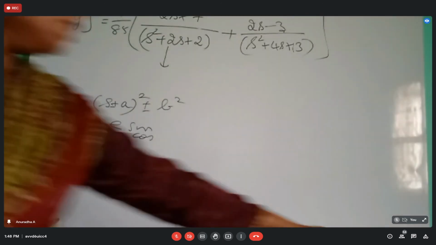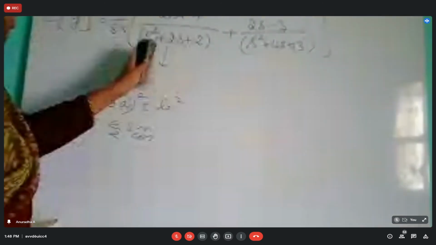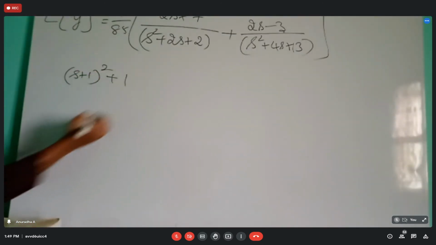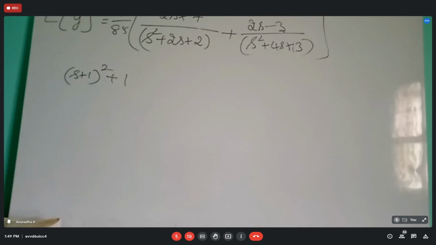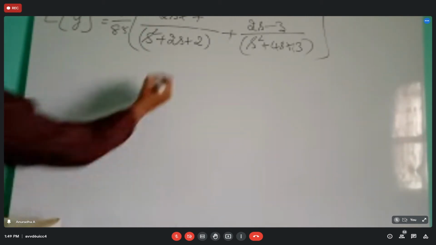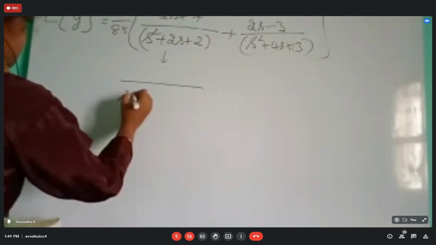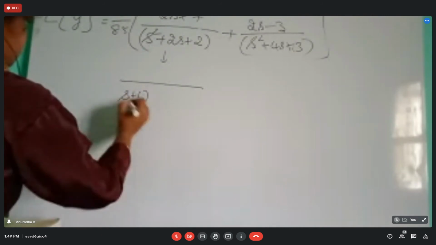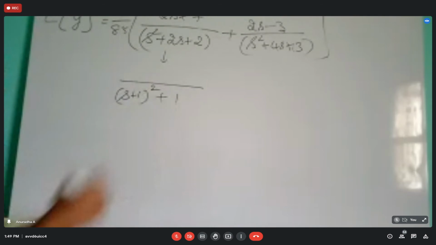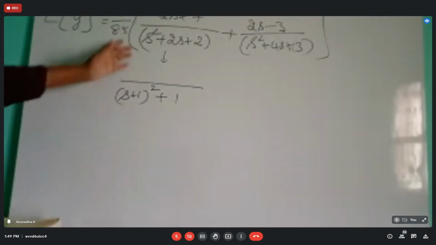So now, from s plus 1 whole square plus 1, the first term can be written as s plus 1 whole square plus 1, with the numerator accordingly.